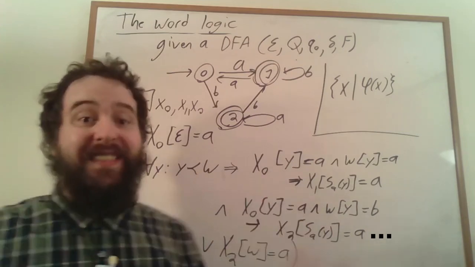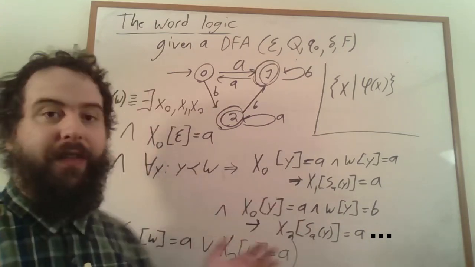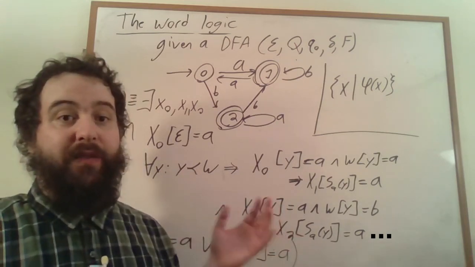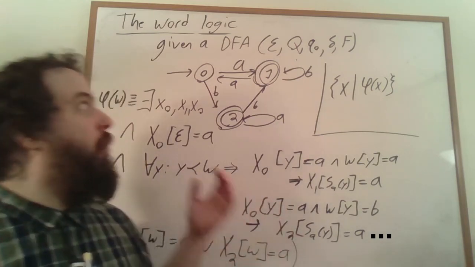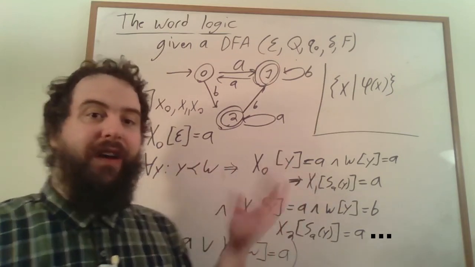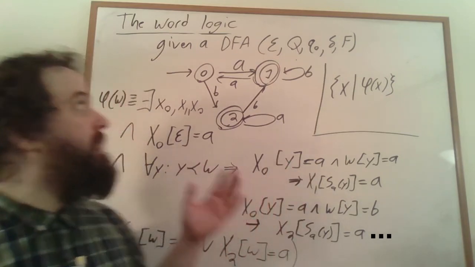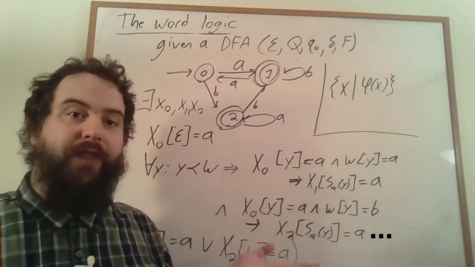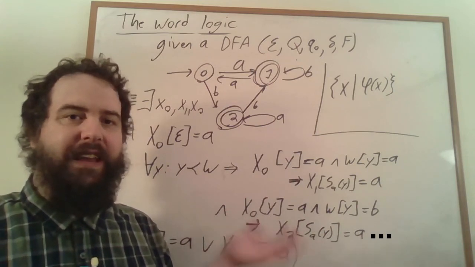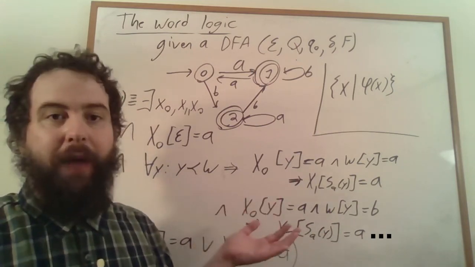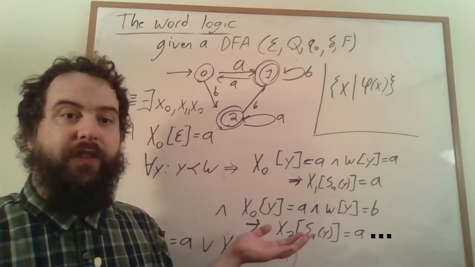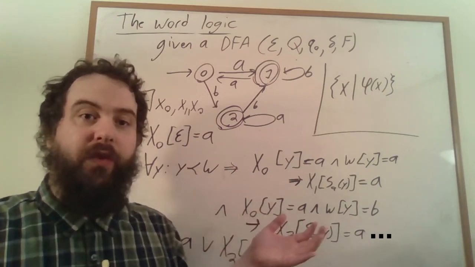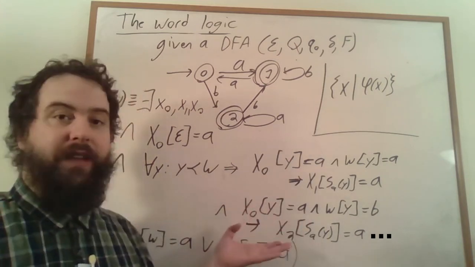But anyway, this is the really exciting thing about regular languages. This is the thing that got me interested in these finite state automata in the first place, is the fact that really what you're doing when you're talking about regular languages is you're talking about the expressivity of this particular logic. And I find it really exciting and interesting to ask questions about what can we say in a particular logic, and how hard is it to say those things, and how can we determine what's true, things like that about particular logics.